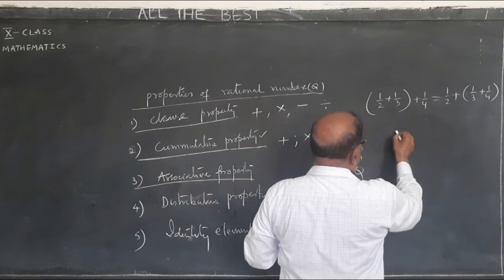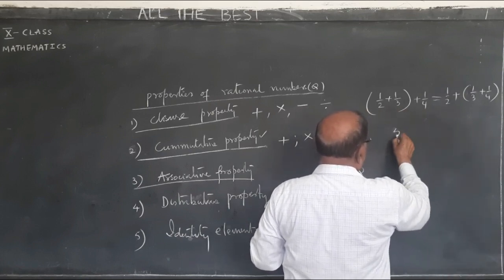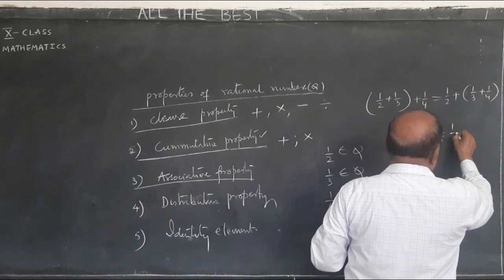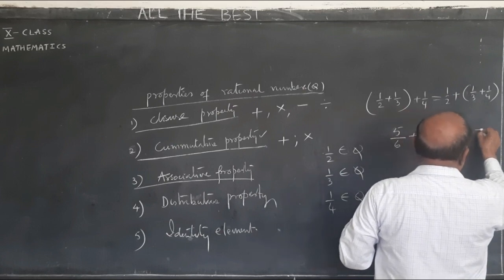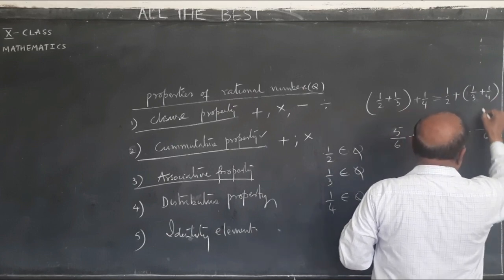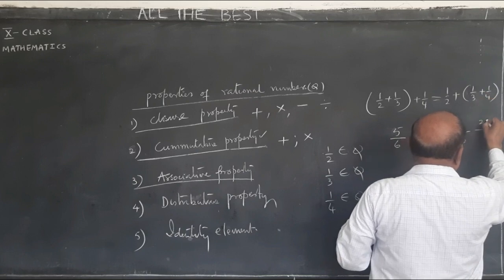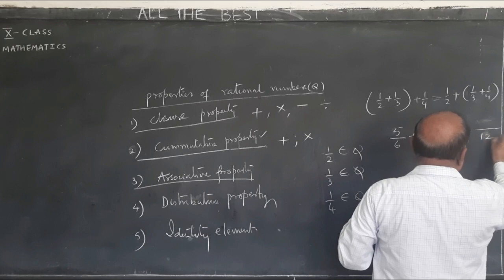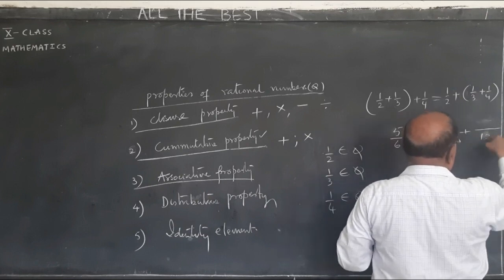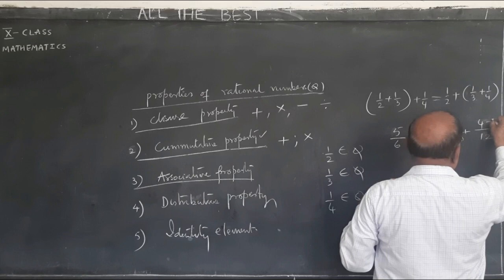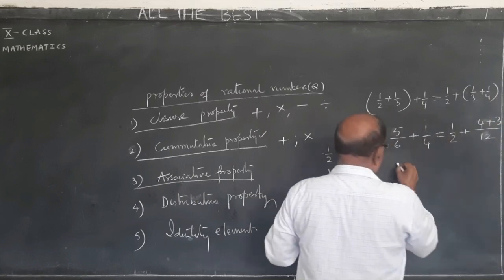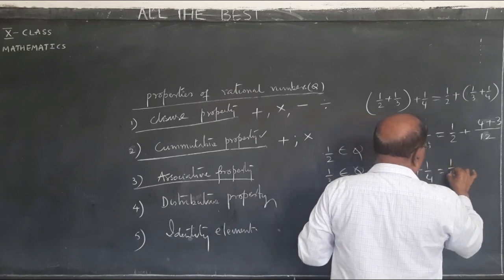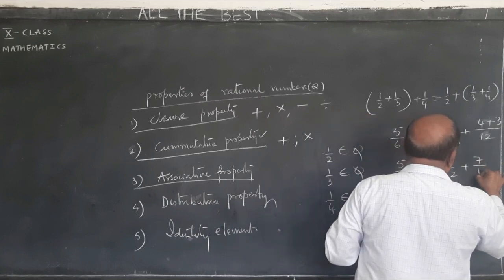The LCM is not 6, the LCM is 12. So 3 4s are, 4 3s are, so 1/3 plus 1/4 is 7/12. So 5/6 plus 1/4 is equal to 1/2 plus 7/12.